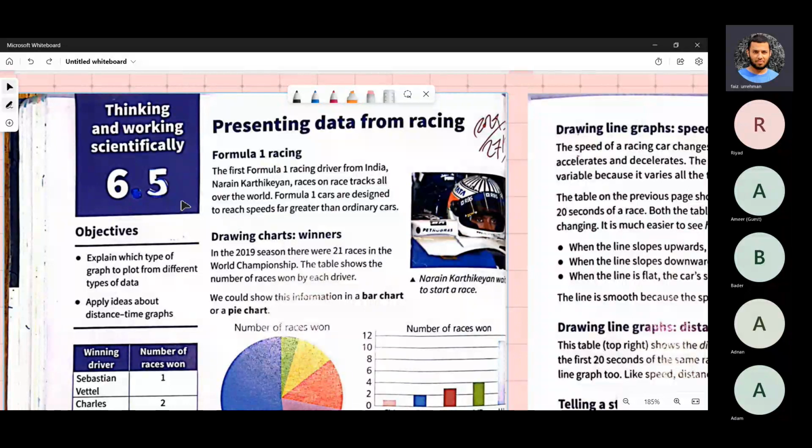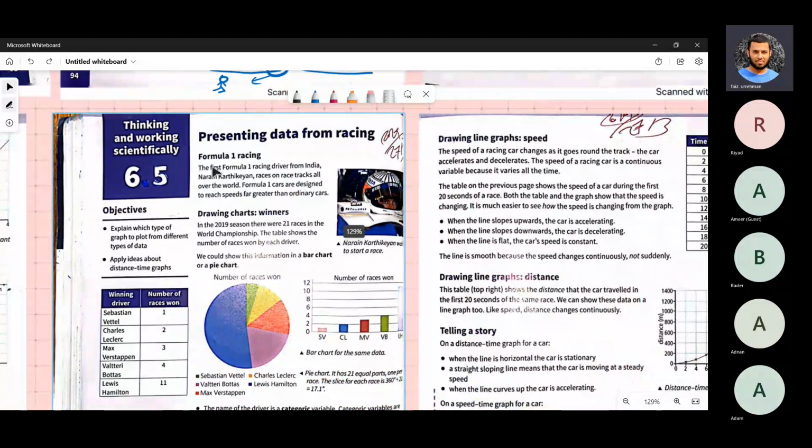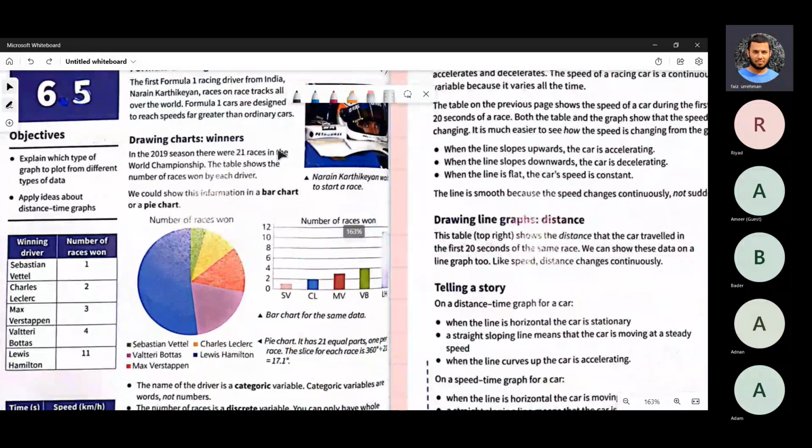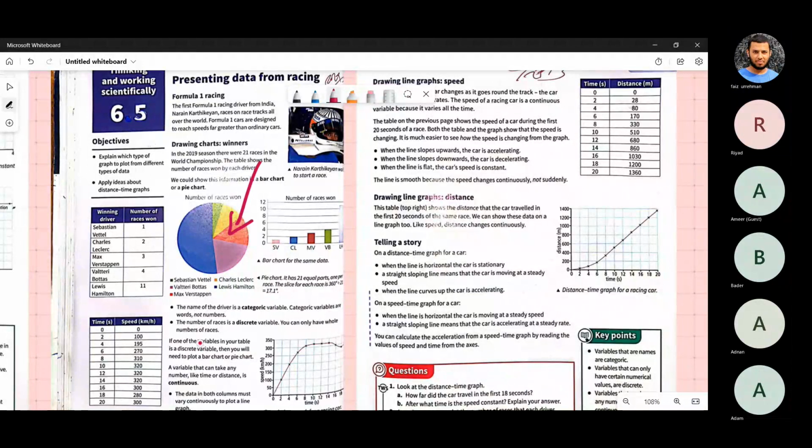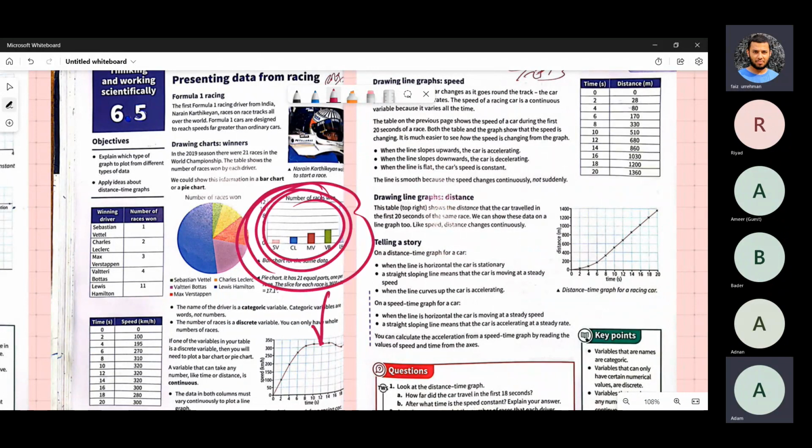Okay, now what are we going to study in this exercise? Tell me, what kind of graph is this? Pie chart. What type of graph is the next one on the right side? Bar chart. What type of graph is this?